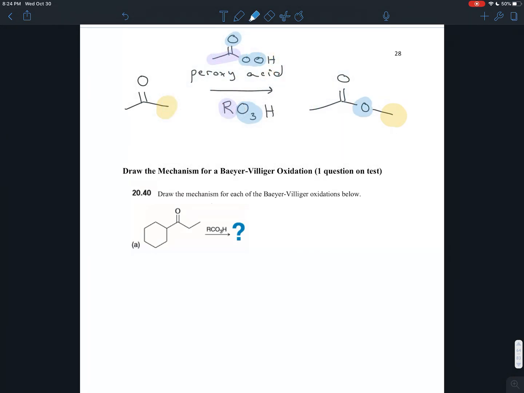So that carbon is still there, but they stick one of their oxygens in between here. And they end up turning these aldehydes, or in this case what I've drawn as a ketone, into something called an ester.